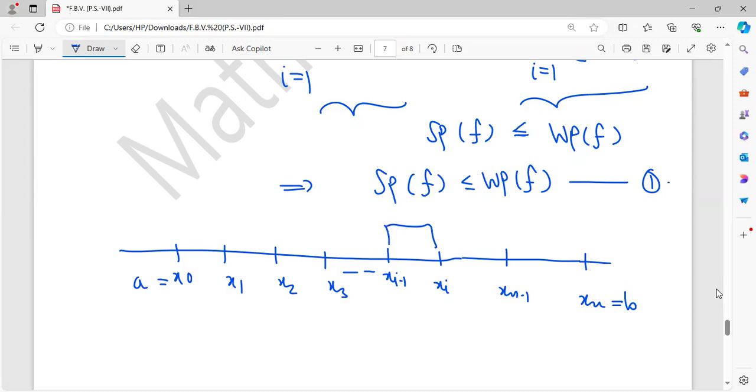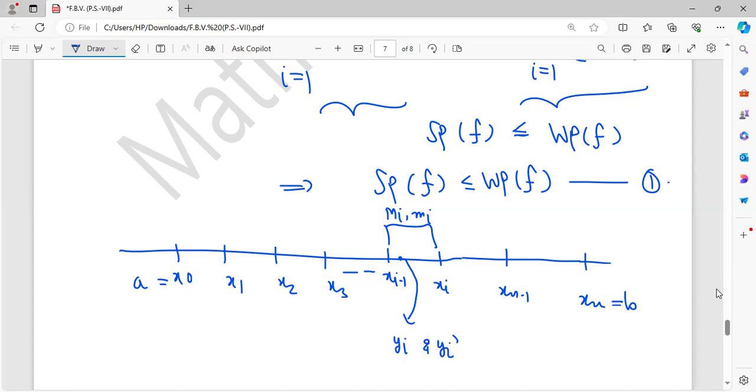And capital Mi is supremum and small mi is infimum. Okay. So there will be 2 points here, some yi and yi dash.